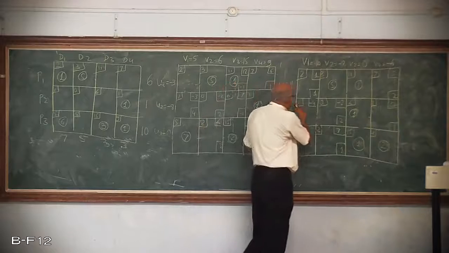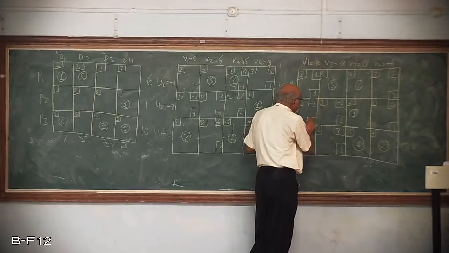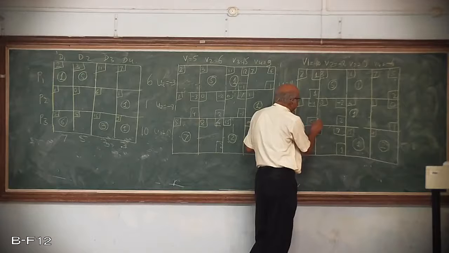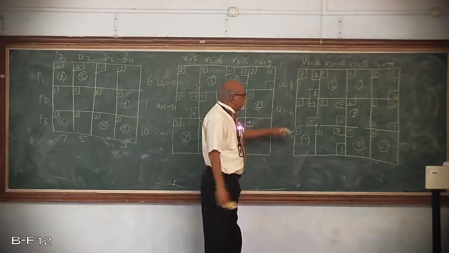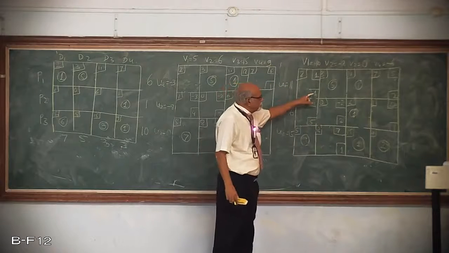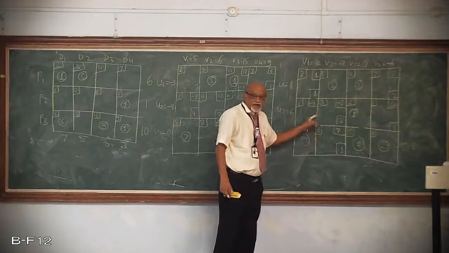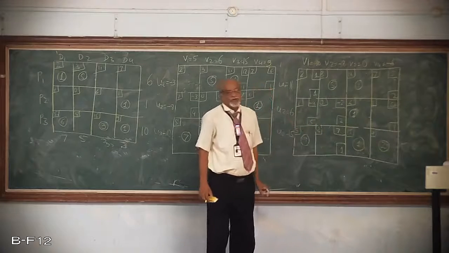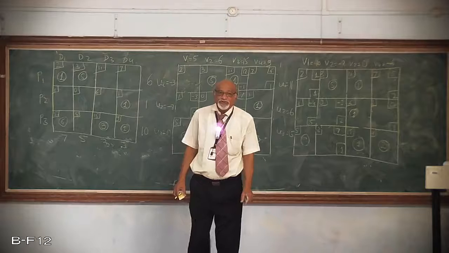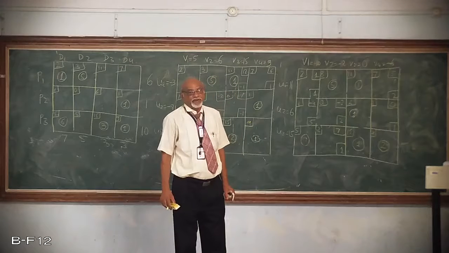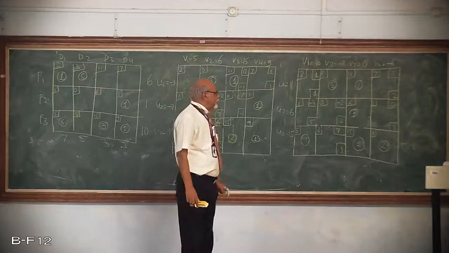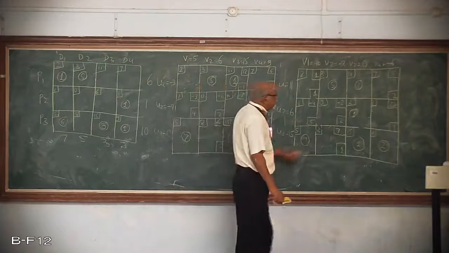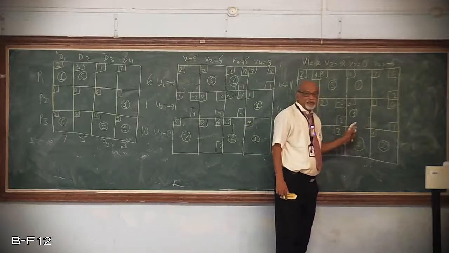Sorry, this 1 minus of minus 4, plus 5. So all the values are positive, because whatever the net evaluations are positive, hence the optimum solution is reached. And this is not only the optimum solution, it is the unique optimum solution.